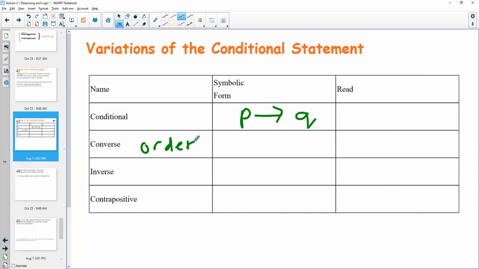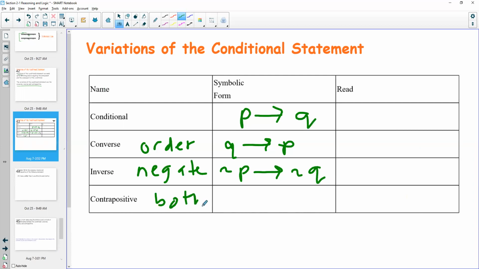The converse of if P, then Q, is if Q, then P. The inverse negates the original. Okay, so the inverse is not P, if then not Q. And then the contrapositive is both. So what you do is you have not Q, then not P.